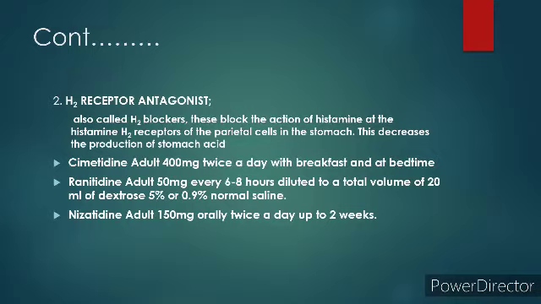So the acid we are talking about is the hydrochloric acid, meaning the process of producing hydrochloric acid will be cut off. In that process, there will be stability in the pH within the stomach.